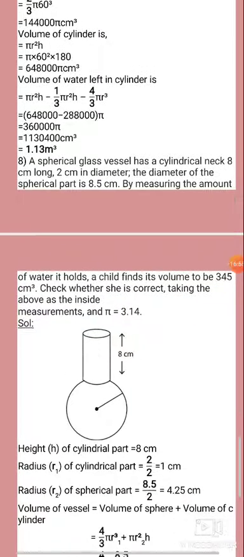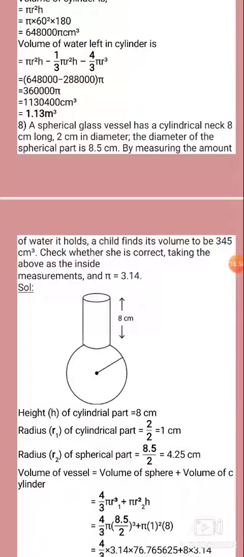Now height of the cylindrical part is equal to 8 cm. Radius of the cylindrical part is equal to 2 by 2, which is equal to 1 cm. Radius of the spherical part is equal to 8.5 by 2, which is equal to what? 4.25 cm.